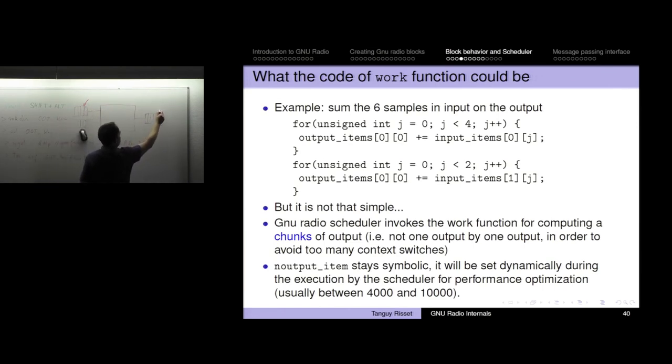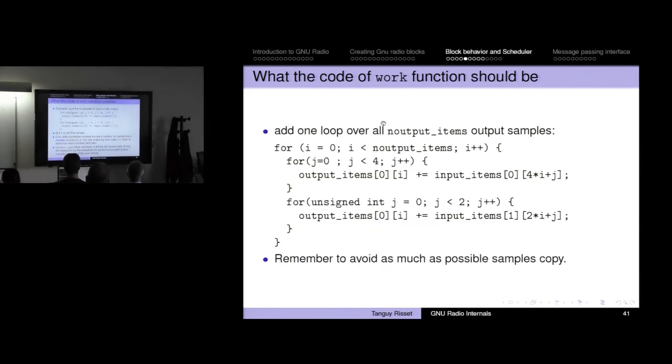If you are to produce noutput_items samples, you have to repeat the processing noutput_items times. So basically, you put a loop of noutput_items times over the same process.